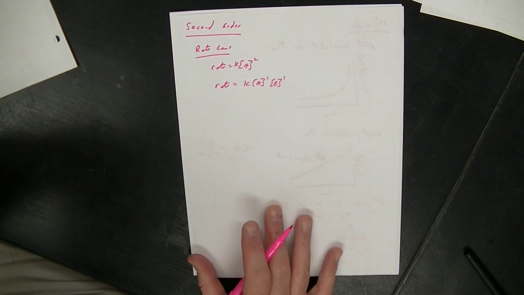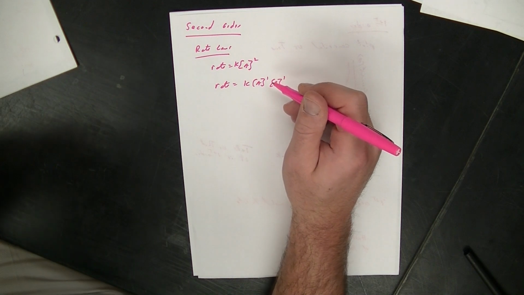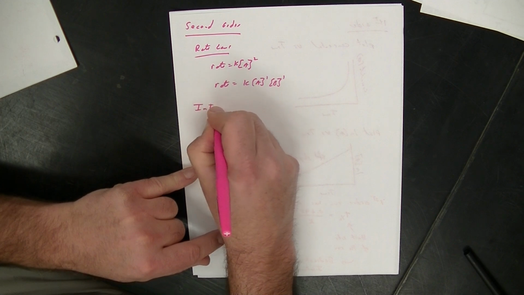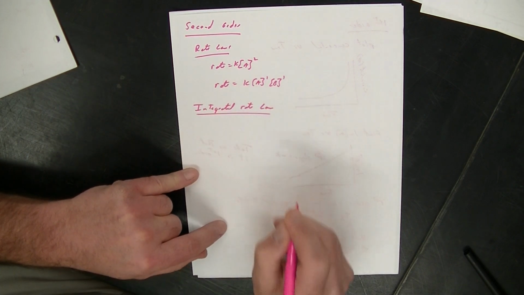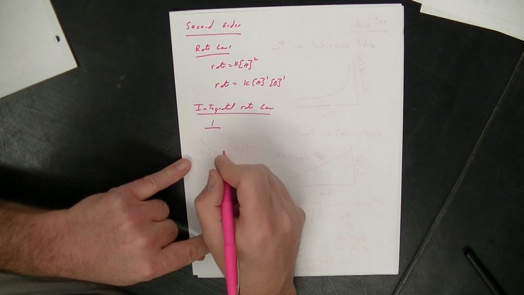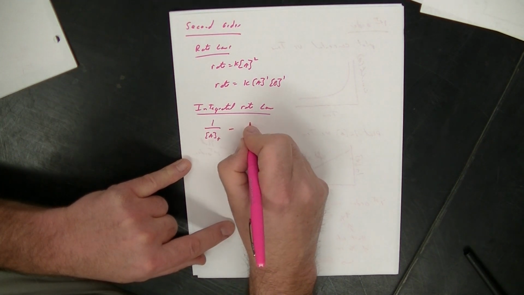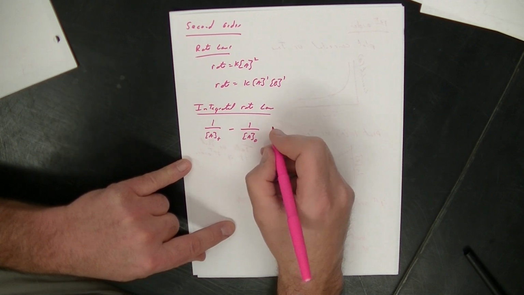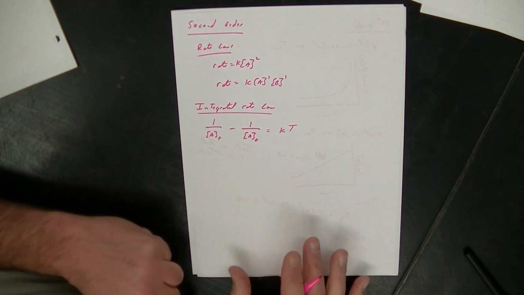Now, our integrated rate law. If we integrate this, we get 1 over the concentration of A at time t minus 1 over the concentration of A original or initial, and this is equal to KT, no negative.